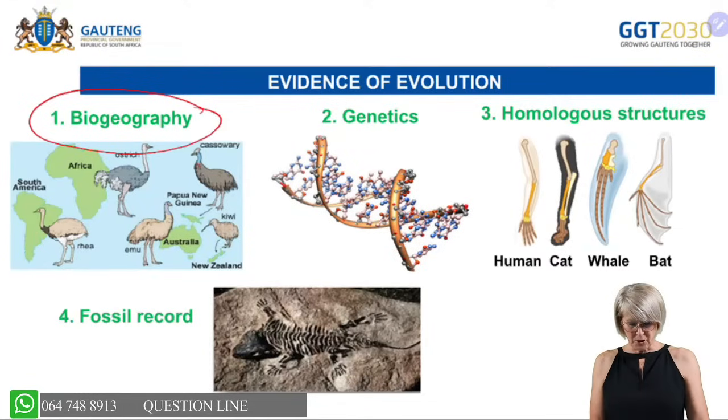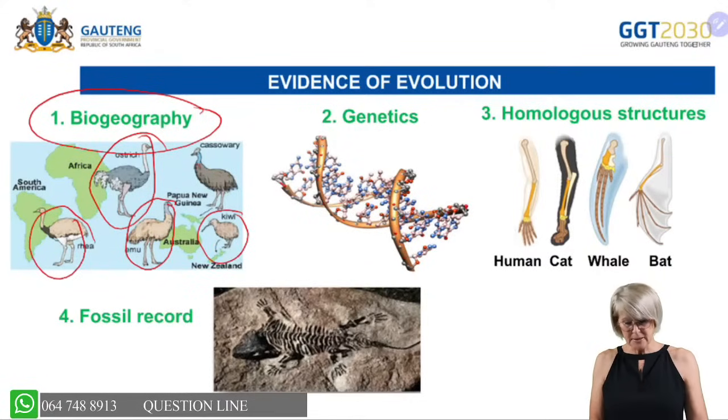If we have a look at, for example, the flightless birds here, we can see there's the rhea in South America, the ostrich that is common in Africa, which I'm sure you are all familiar with. We find the emu in Australia, the kiwi in New Zealand, and the cassowary in Papua New Guinea. All of those are flightless birds, and they have characteristics in common. But how is that?